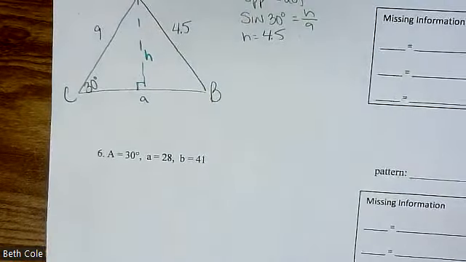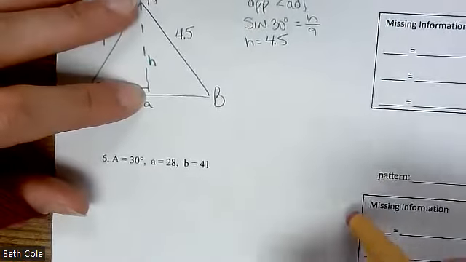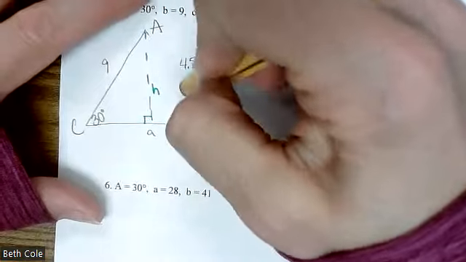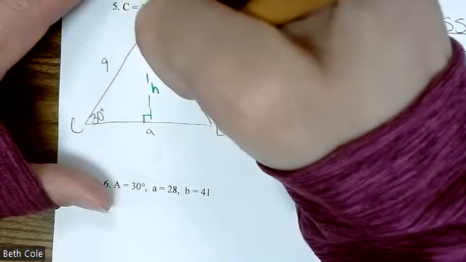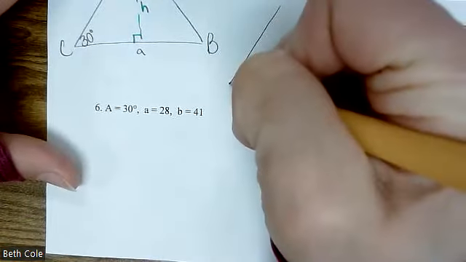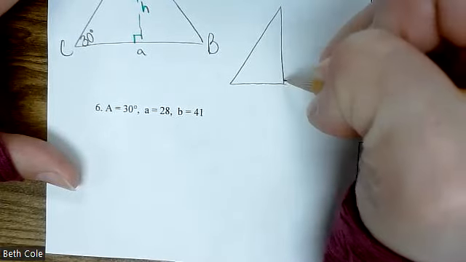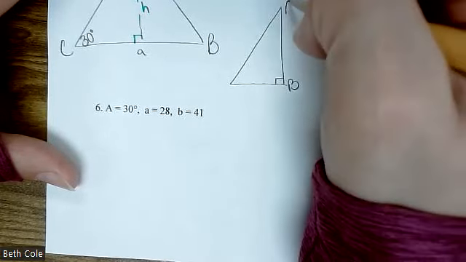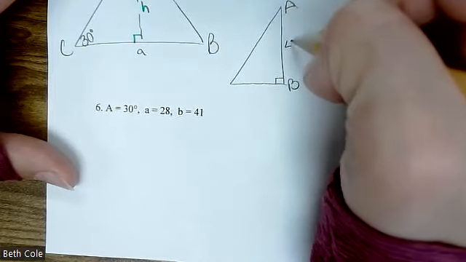Now, in that case, I do actually redraw this so that I can have it be to scale. Actually, you know what? I wrote with a pen on there. I'm going to just redraw it. You don't have to. This part's up to you.